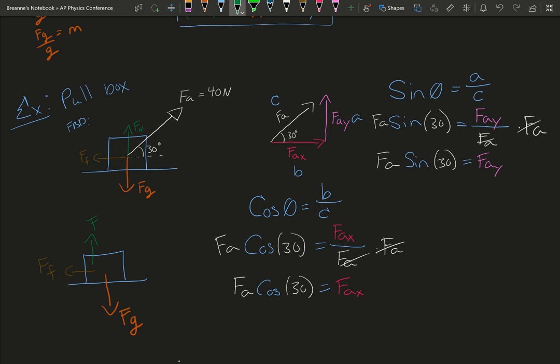We're going to have our force of normal going up, and our force applied in the Y, and then we're going to have our force applied in the X. So we can see what forces are interacting now. Now we're able to break it down into our X and Y components.